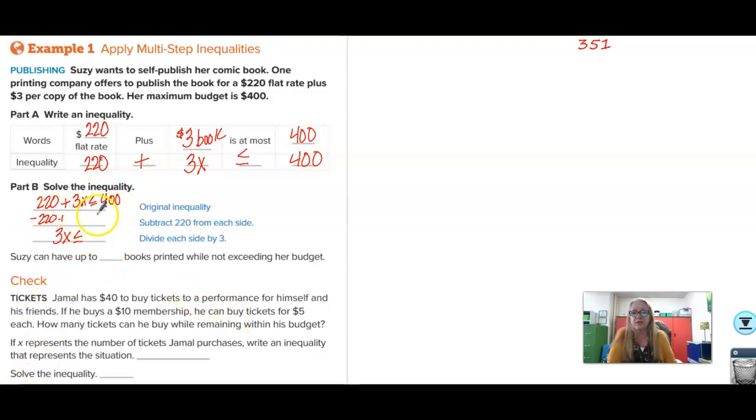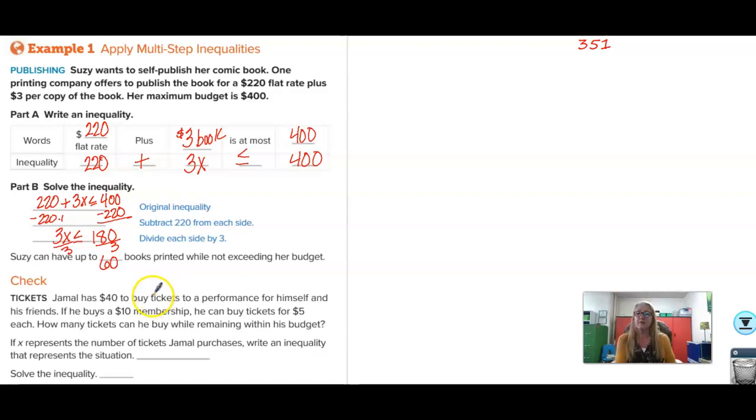Oh, so I subtracted 220 from both sides. Forgot where I was for a minute. And 400 minus 220 is 180. Okay, and so now we got to divide both sides by 3. To do this in my head, I'm going to say, what's 18 divided by 3? 18 divided by 3 is 6, so it would be 60. She can have up to 60 books printed while not exceeding her budget.